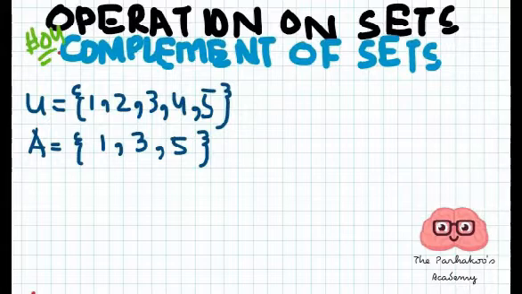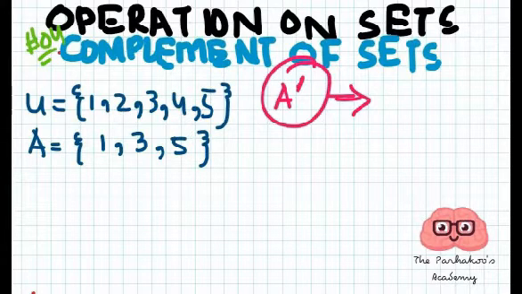Complement of a set has to do with the universal set. So universal set and set A, and we are to find out A complement: all those elements of a universal set which are not in A. So except A, all the elements which are in universal set.